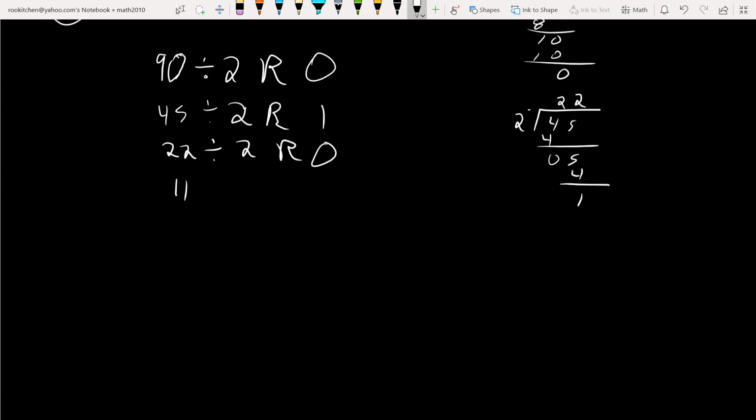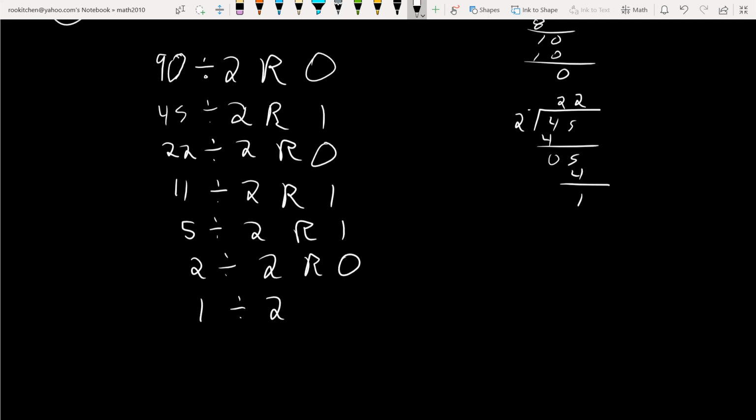And then 22 divided by 2 is 11. And I have to divide that by 2. That would be odd, so remainder 1. And then 5 divided by 2, that's odd again, remainder 1. That'll be 2 divided by 2, that's even, remainder 0. And you always end with 1 divided by 2, which will be remainder 1, right?